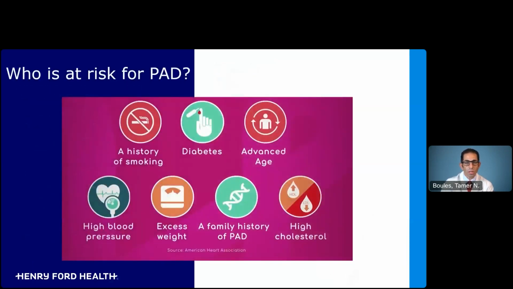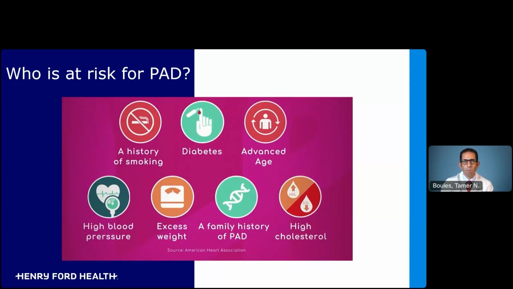So who is at risk for peripheral arterial disease? Well, I did mention that advancing age is one risk factor, but that's not the only one. And there are other things that might even lead to the development of symptoms of peripheral arterial disease at a younger age or middle age. Smoking is one of the main risk factors for peripheral arterial disease.